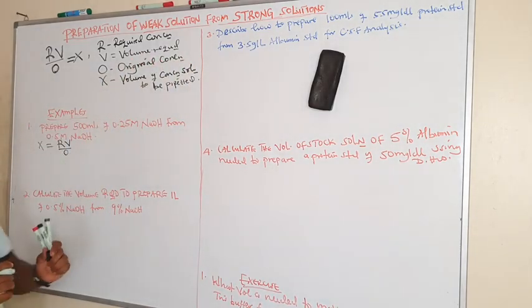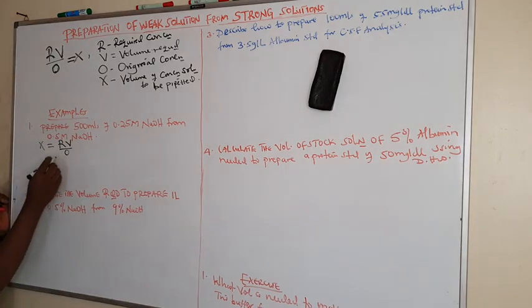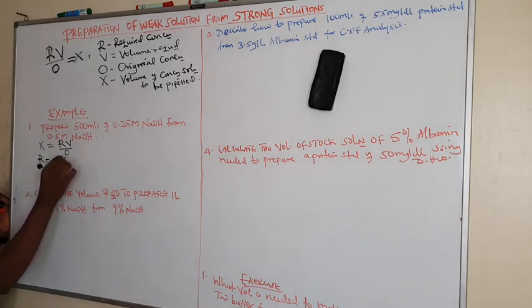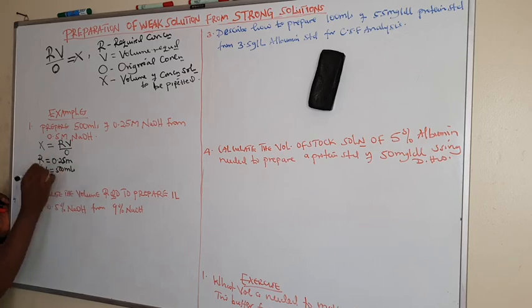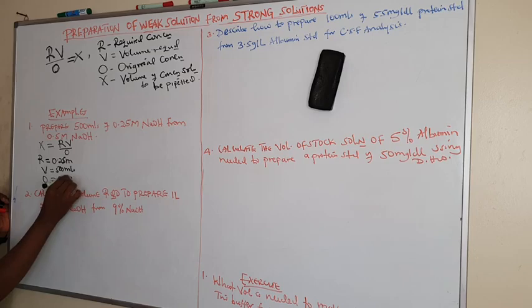According to this calculation, R, the required concentration, is 0.25 molar. The required volume is 500 ml. And the original concentration is 0.5 molar.